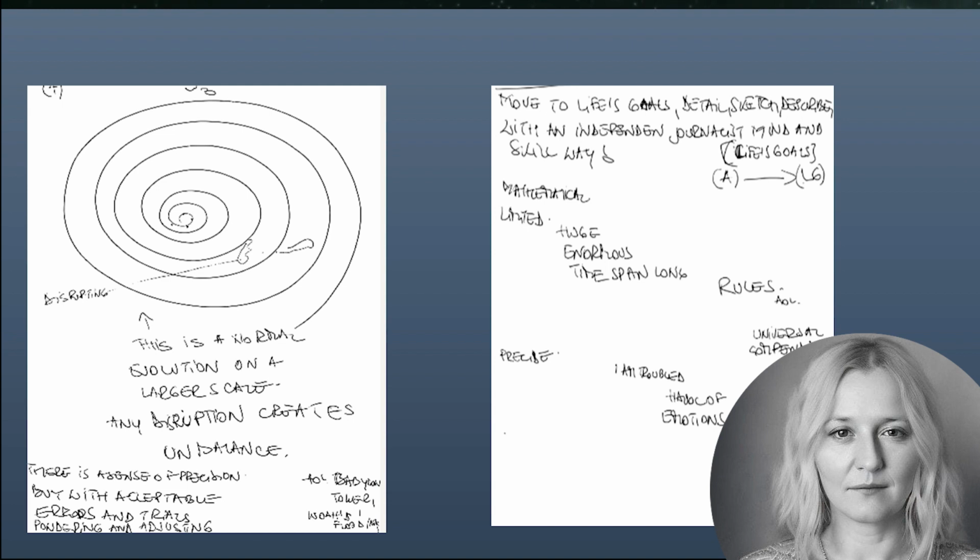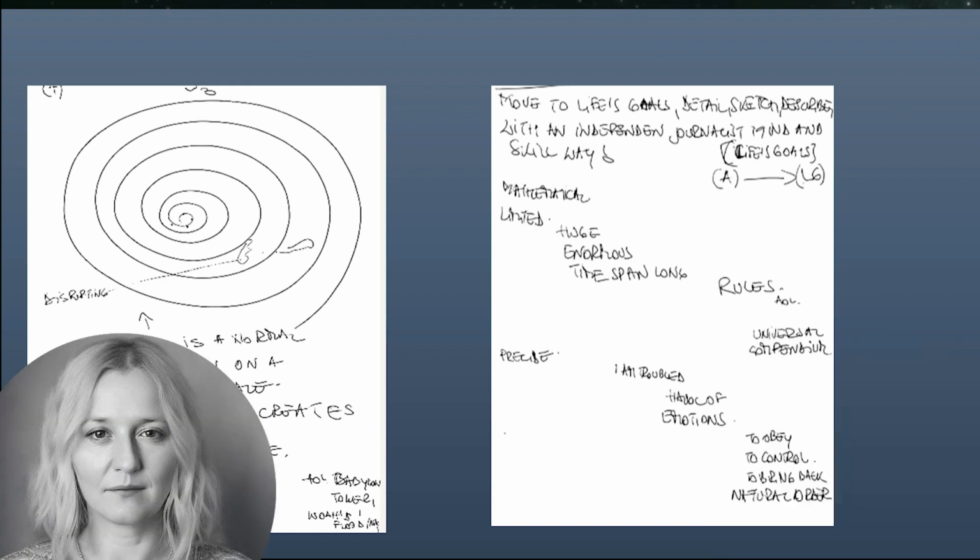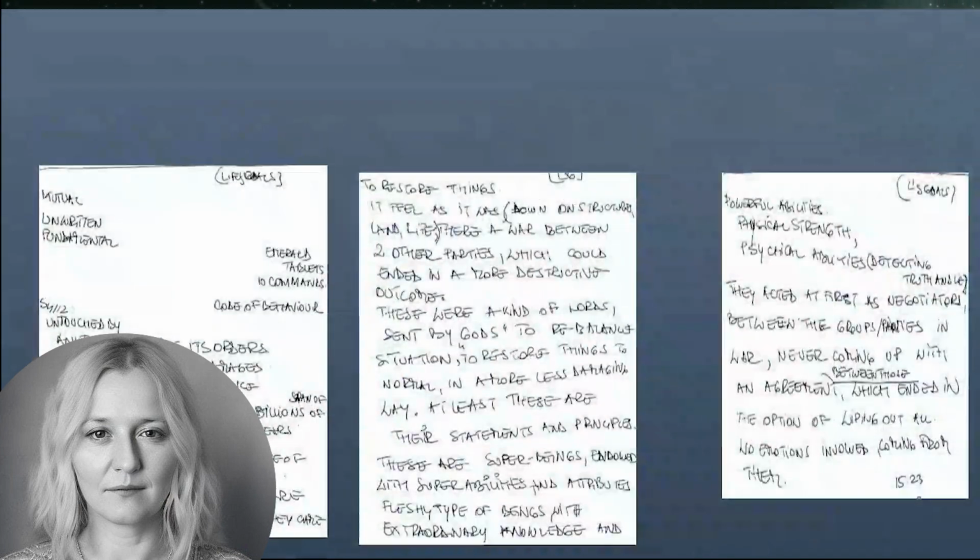Also, when I move again to these goals, I've seen a mathematical mind with enormous time spans, with universal rules to obey, to control, to bring back natural order, which was the only goal of these beings.